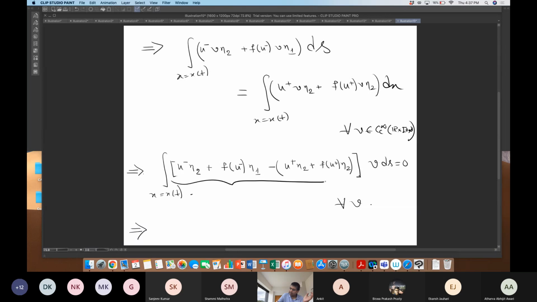Your function into v equal to 0 for all v in C_c infinity of R cross (0, infinity). So what does this imply? This will be 0, exactly. u minus eta 2 plus f of u minus eta 1 is equal to u plus eta 2 plus f of u plus eta 2. Okay?